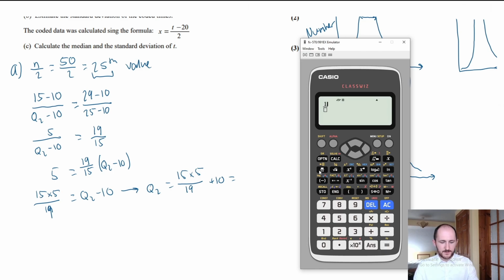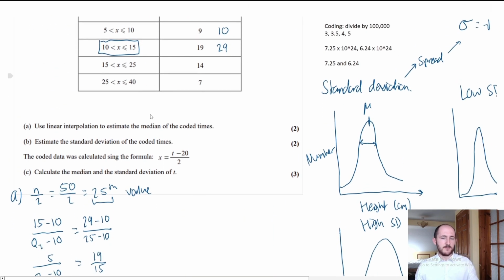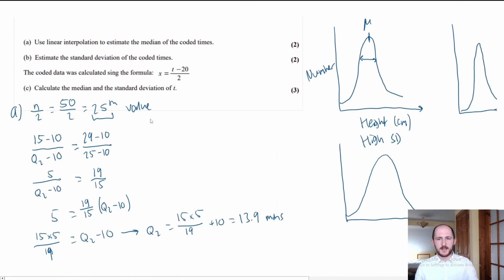So we have 15 times 5 over 19 plus another 10, which gives us an answer of 13.947 and so on. Let's keep it as 13.9 as our estimation for the median. And if you notice, that is in between 10 and 15, so that does make quite a bit of sense.